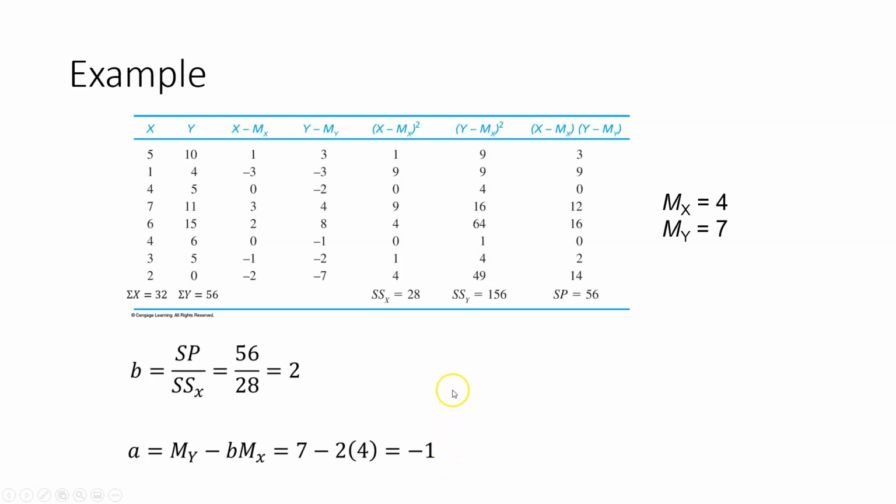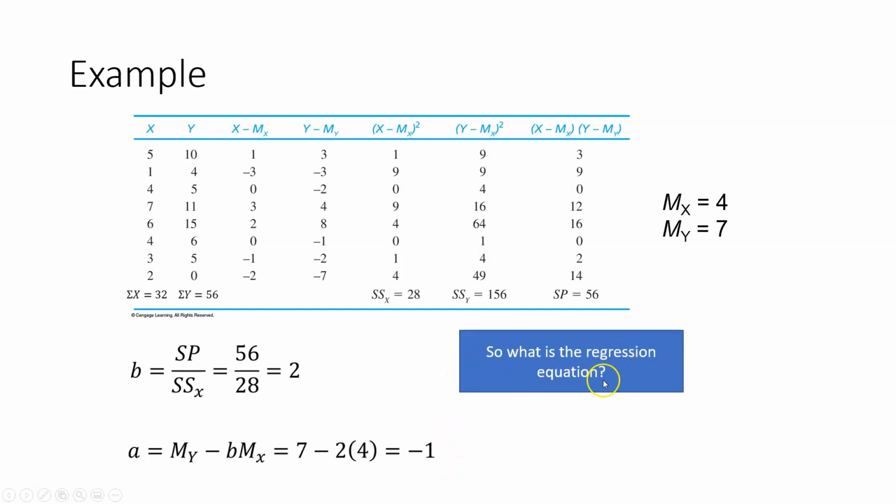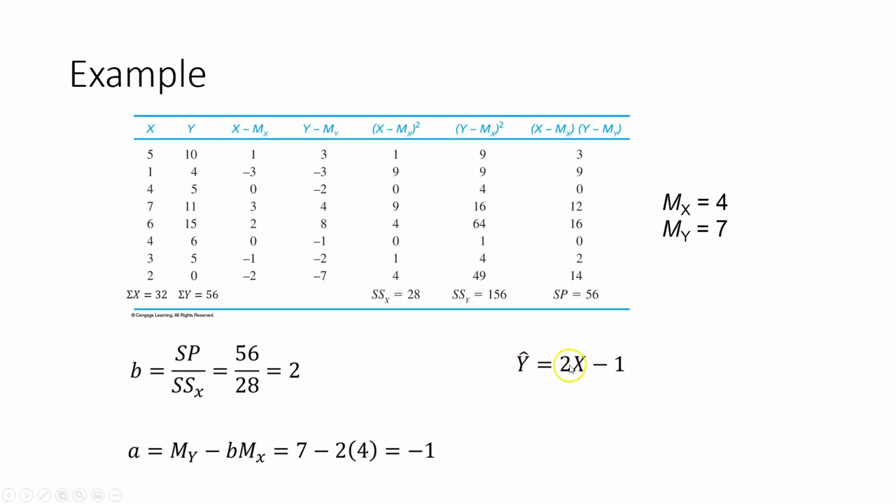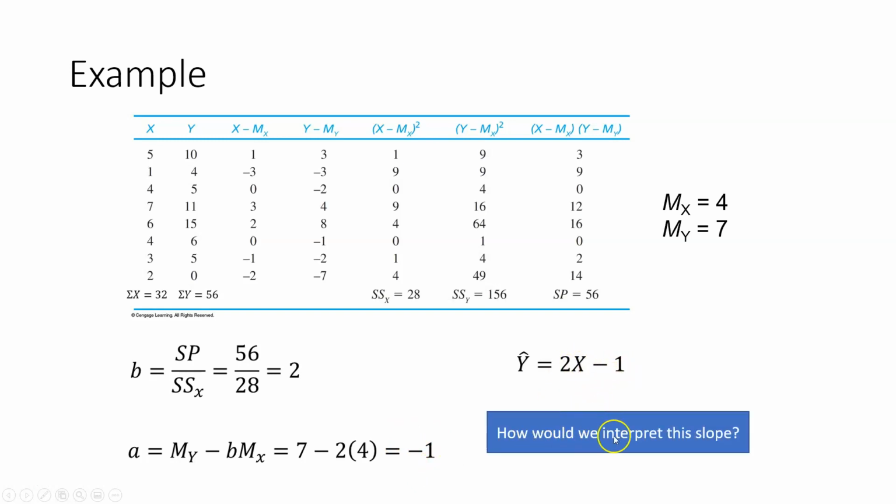Now, we should be able to put this into a regression equation. What will that be? Y hat equals bx plus a. So 2x minus 1. How would we interpret the slope here?